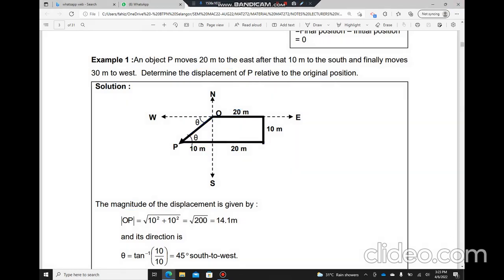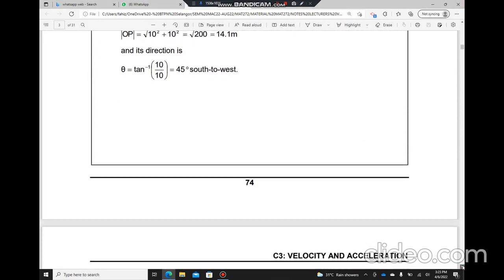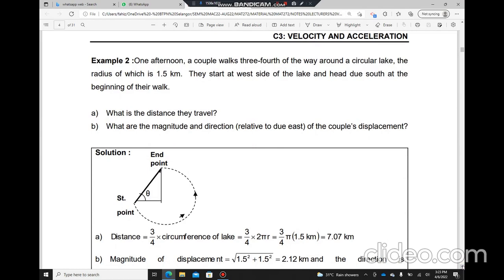Okay. Then another one is example 2. One afternoon a couple walks 3/4 of the way around a circular lake, the radius of which is 1.5 kilometer. Okay, so first dia berjalan 3/4, from here to here.